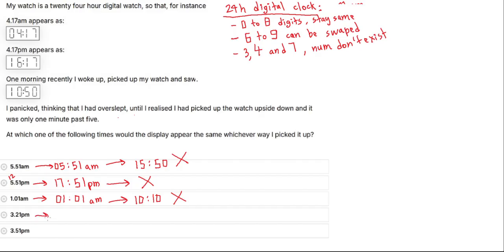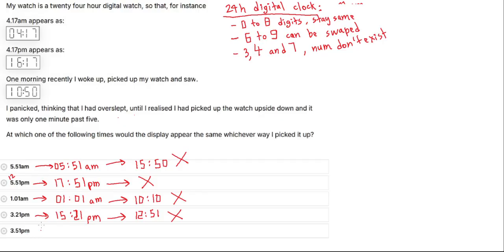Then we have PM here, add 3 by 12, we get 15:21 PM. If we flip this, we get 12:51. So this is also wrong.